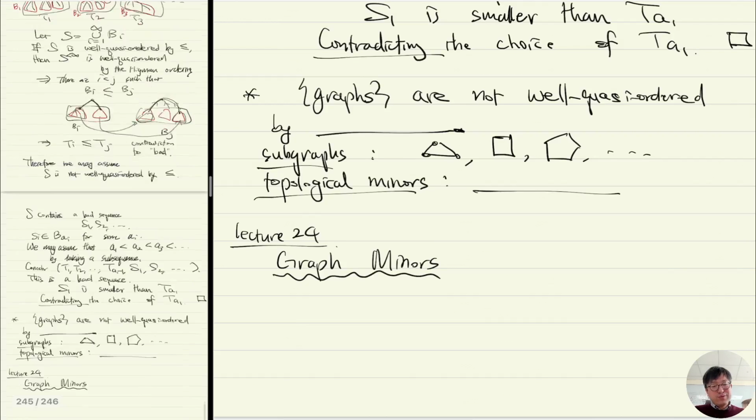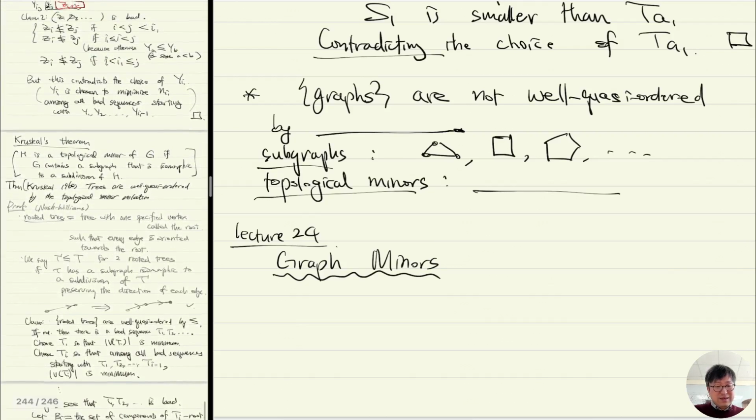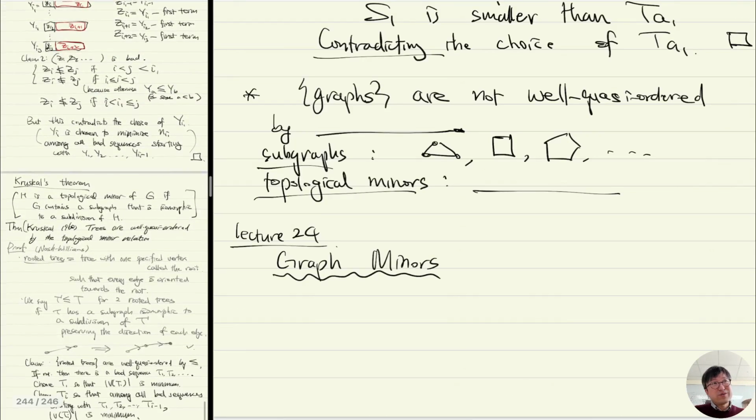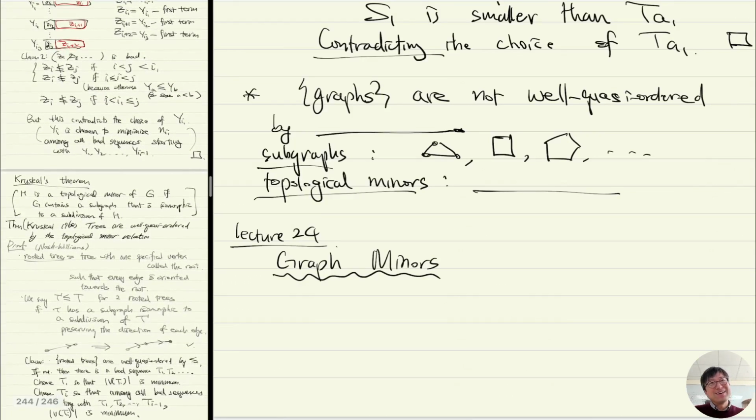So far we proved that trees are well quasi-ordered by topological minors, and in the homework you will prove that not all graphs are well quasi-ordered by topological minors, but we're going to discuss the following.